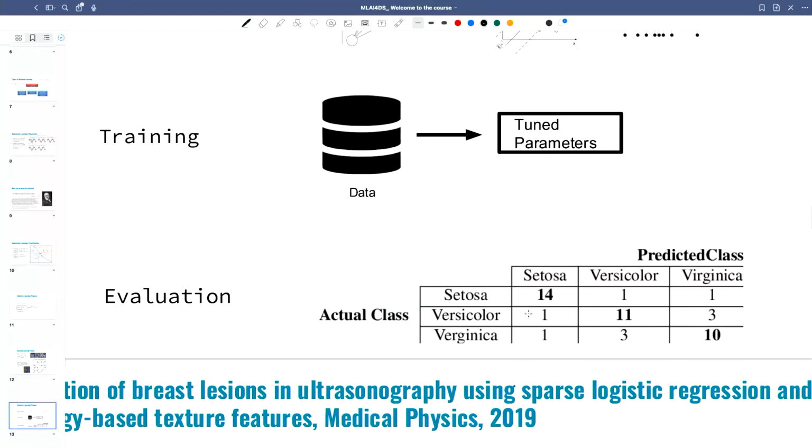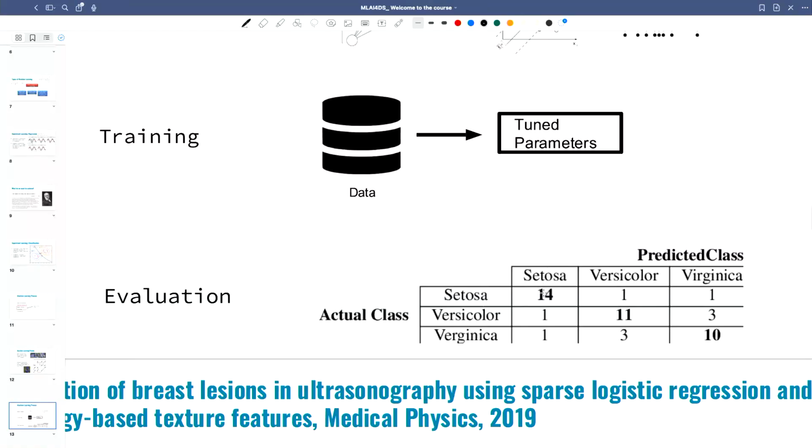Basically, if you have multiple classes, here in this case you have three classes, you want to have a confusion matrix, where you put each type of class versus row and column dimension. You want to have large diagonals and small anti-diagonals. Because you want to say that something that is actually a setosa must be classified as setosa, or the majority of the setosas must be classified as setosas.